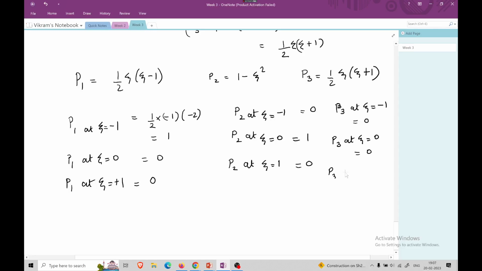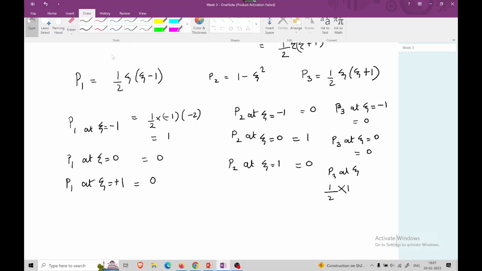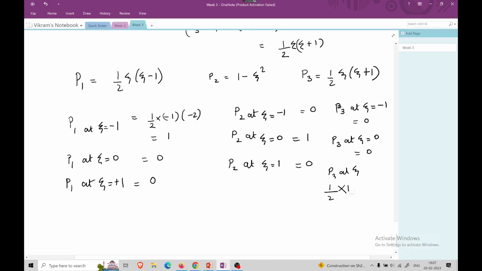P3 at eta equal to 1 is half into 1 into 2, which is 1.